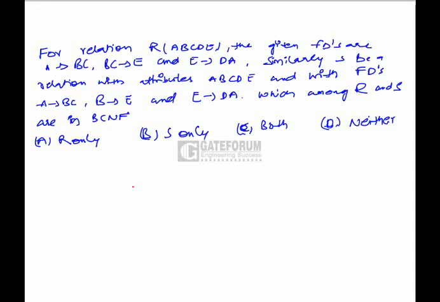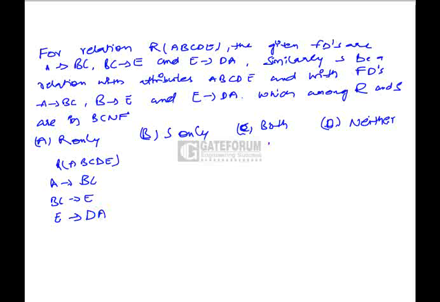In this question, two relations R and S with their FD sets are given, and we have to find which one of them is in BCNF. Here R is a relation on attributes A, B, C, D, E, and the FD set for R is given as A derives BC, BC derives E, and E derives DA.